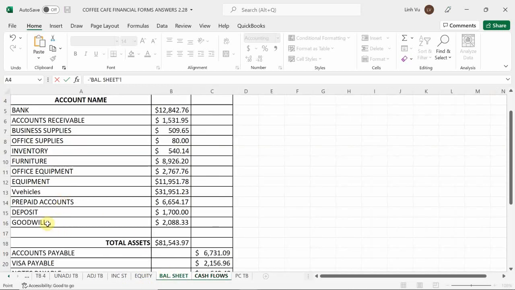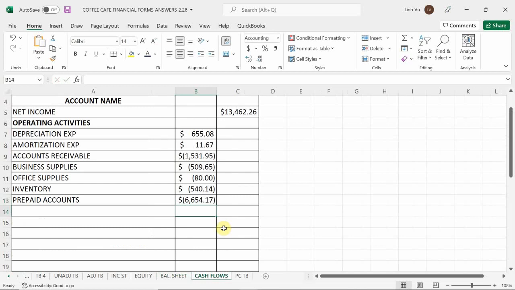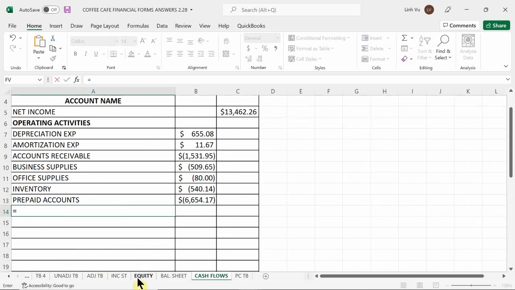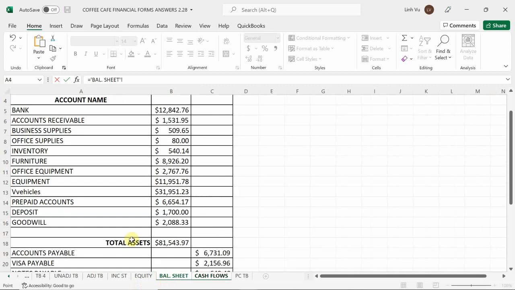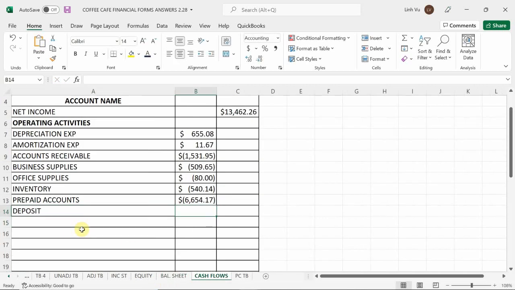Therefore, that is going to be subtracted out because this is money I don't have anymore. And of course, that's also going to go the same for your deposits, because you already spent the money to begin with, right?